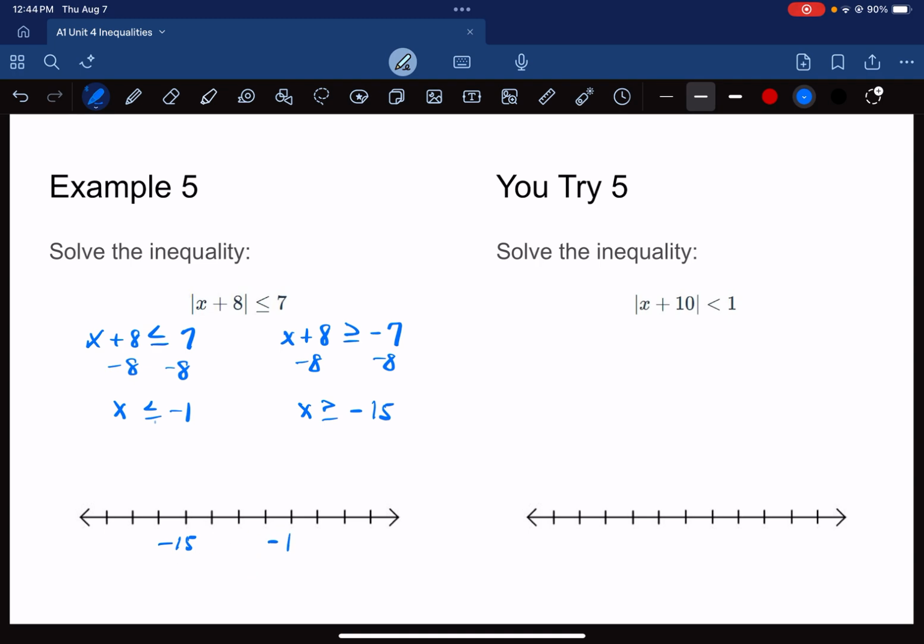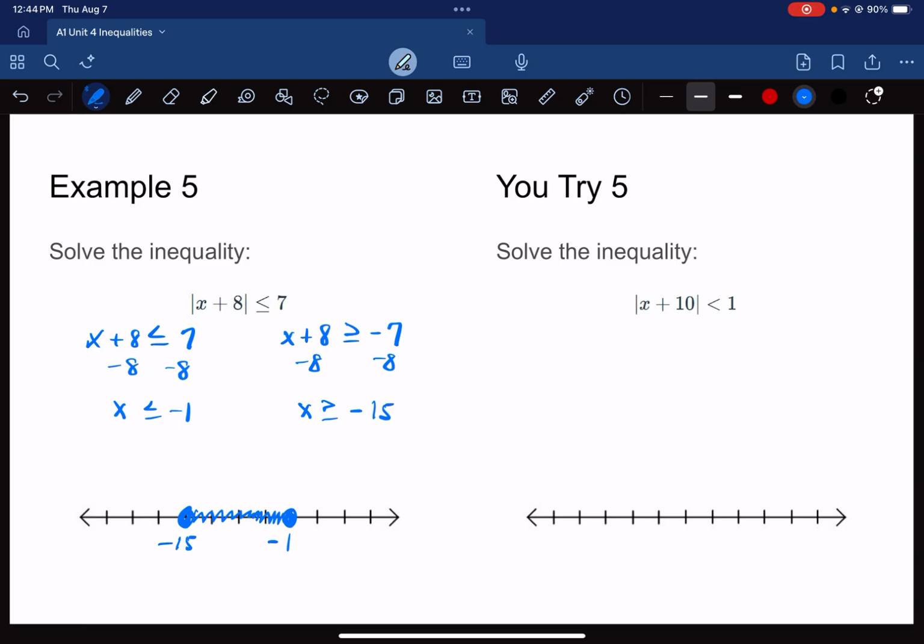Now at negative 1, it says x is less than or equal to, so I'm going to put a solid dot, and less than makes me shade left. At negative 15, it's a solid dot also, and greater than negative 15 makes me shade to the right. And so you see this is the graph of an and statement.